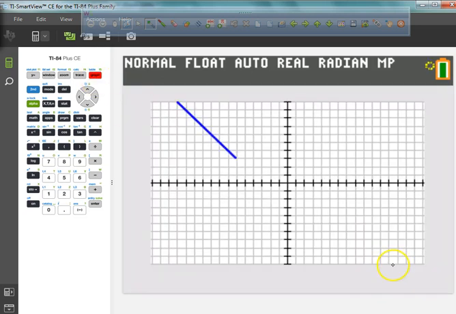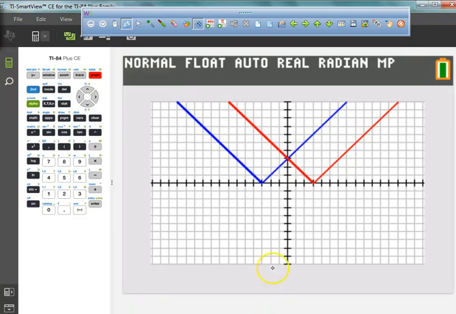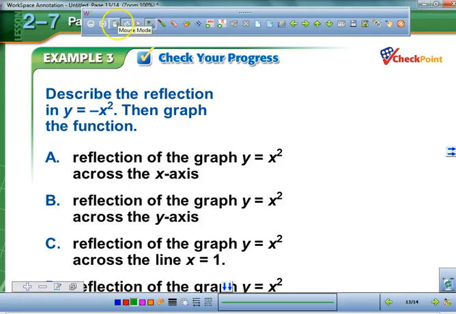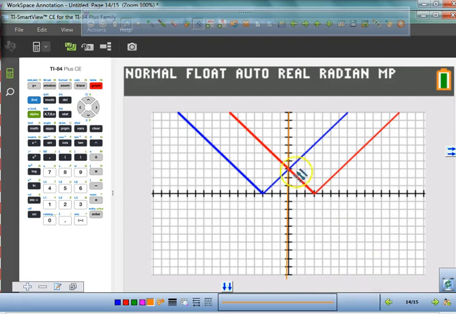Now let's take a look at it. Do you see how this graph is now a perfect reflection? It's going across the y-axis. You see how these are perfect reflections across the y-axis? Wouldn't that be a translation?